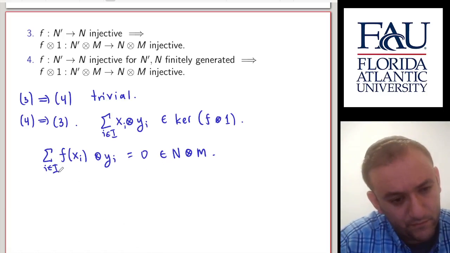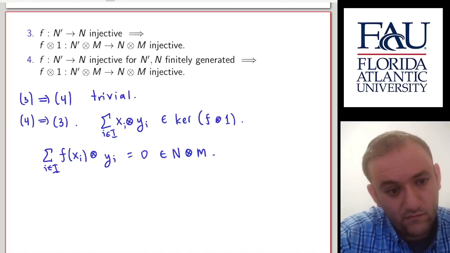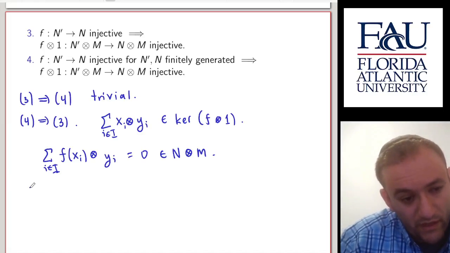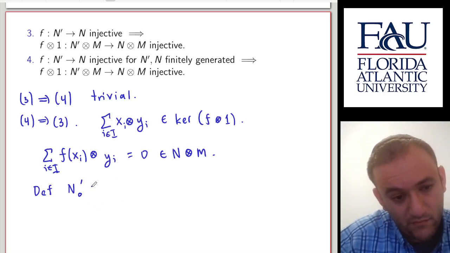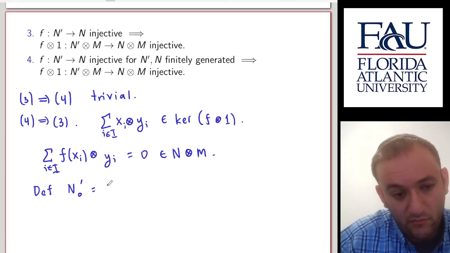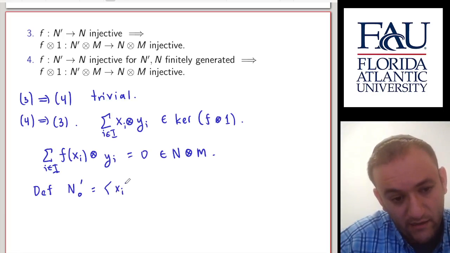Okay. So we can define N0 prime to be the module generated by the xi in this case.